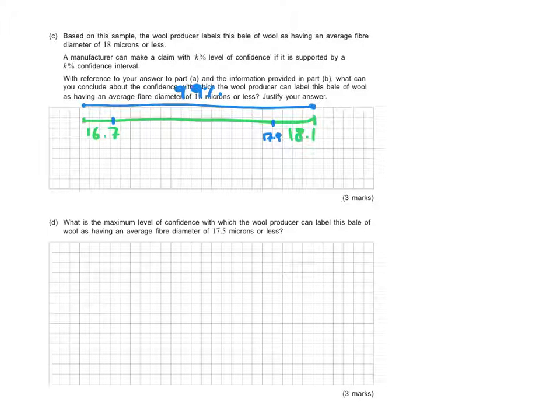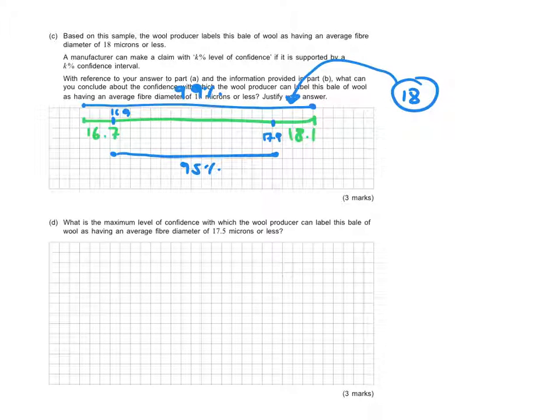So looking at those two, this interval is a 95% confidence interval. Now we can see that 18 lies within the 99% confidence interval.